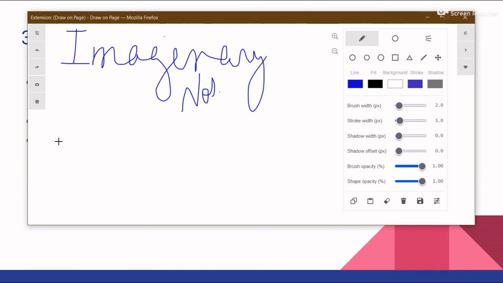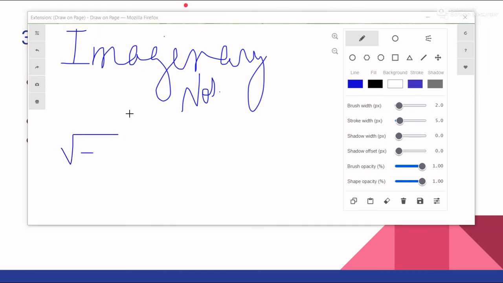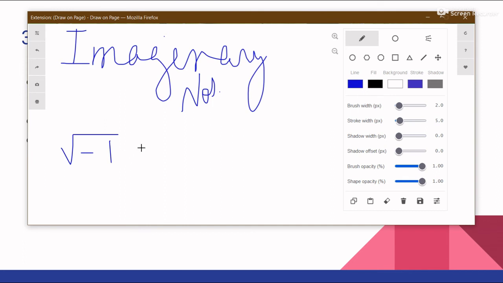Now, let's say we have to calculate the square root of negative 1. So we again don't know what it will be, because if we say 1, the square of 1 is 1.